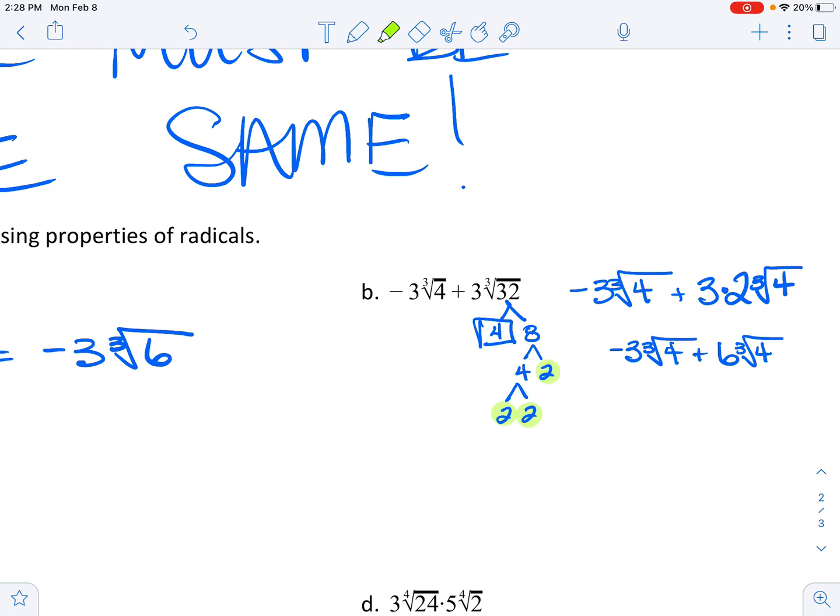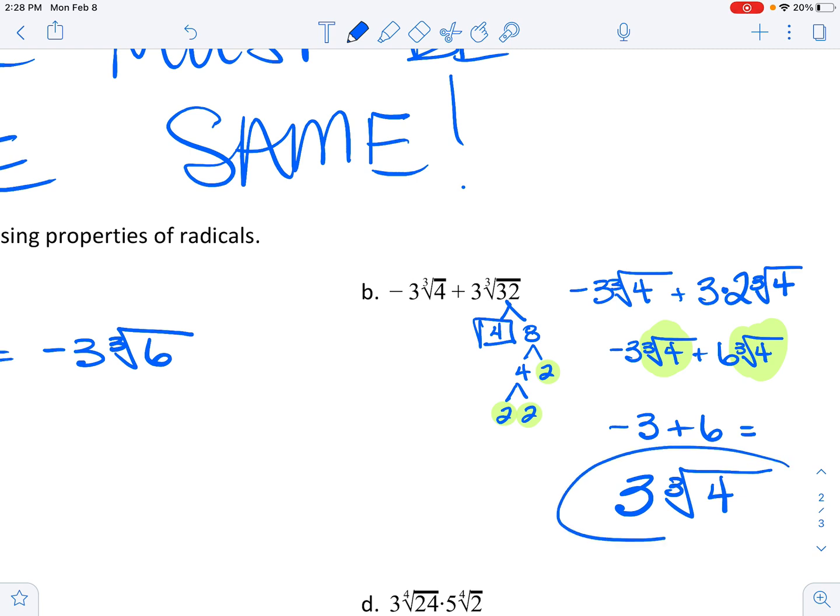And so now we have to think, okay, I've got a -3 of something plus 6 of something. And they're the same somethings. So this becomes a +3, and then what is my something? Cube root of 4.